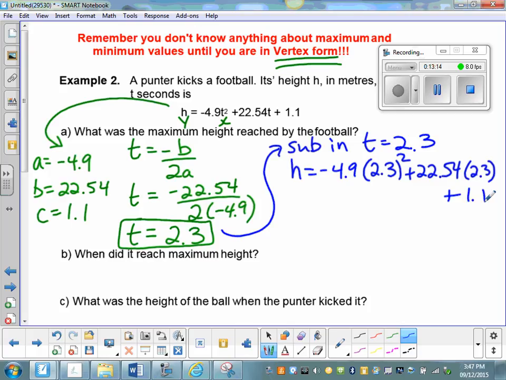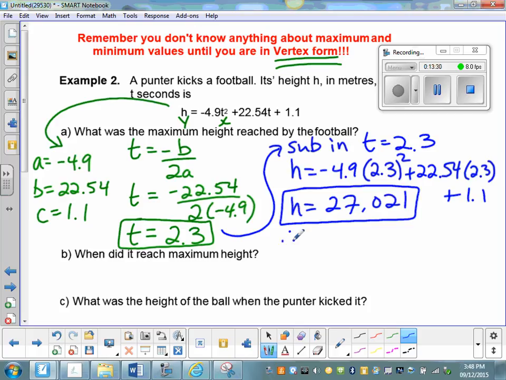And in this case, I can just punch all that in, and you should come up with h is equal to 27.021. So right now we can say, therefore, the max height is 27.021 meters.